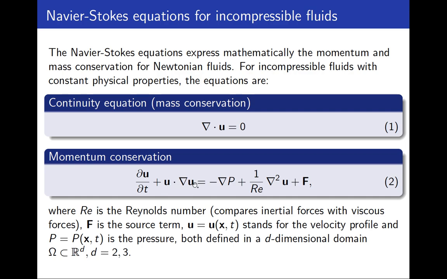So we have the gradient of the velocity multiplied by the velocity. This derivative tells us how the velocity varies in each direction, x, y, and z, in the direction of the velocity. And those two accelerations have to be equal to the forces acting on the fluid.